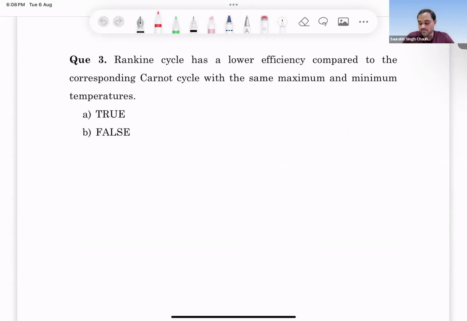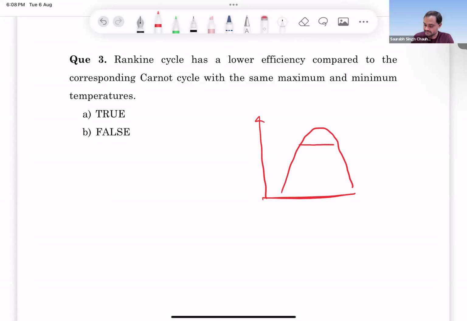We have discussed just now in the previous question that Carnot cycle has the maximum efficiency as compared to the Rankine cycle. Why? Because let us say this is our Carnot cycle, the red one, 1, 2, 3, 4. This is the TS diagram.